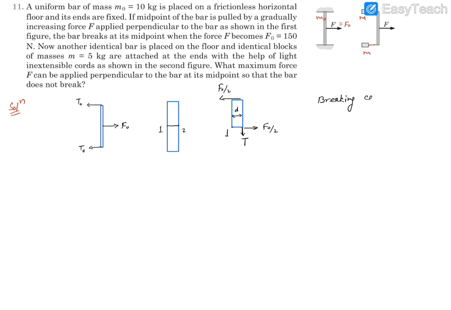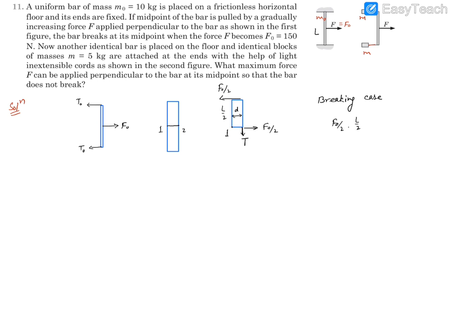Breaking case, or just breaking case, you say the forces are balanced. Breaking case will be when this torque about it, that will be of F naught by 2, this force, and this distance. Total length is L, so this is going to be L by 2.